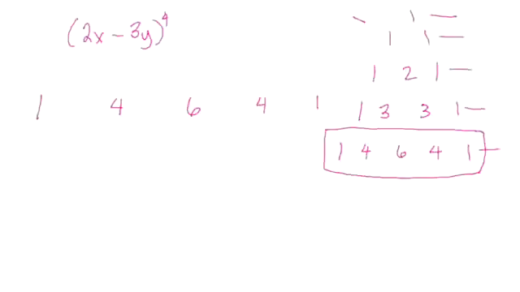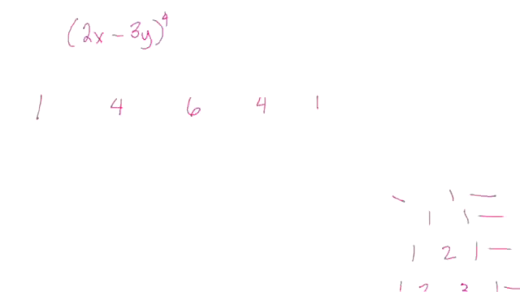All right, so let's see if I can get this stuff out of the way. Okay, I'm going to pull that way down there. So the first step that I did was I wrote down all of the coefficients from Pascal's triangle.